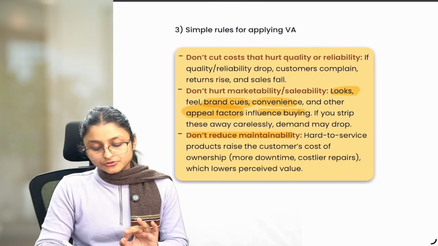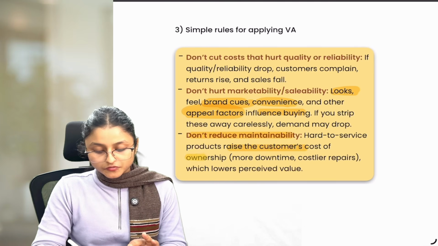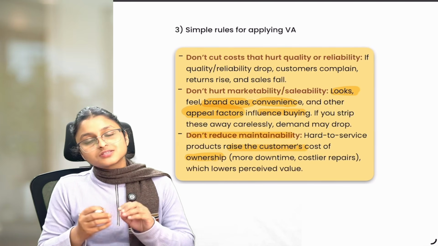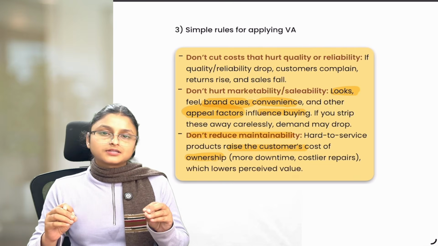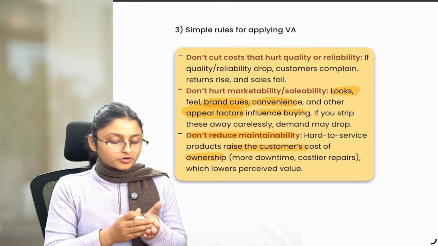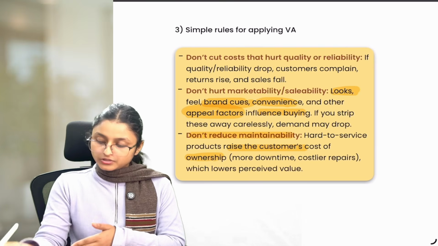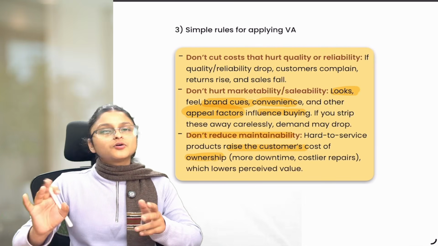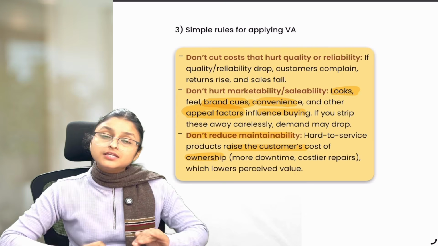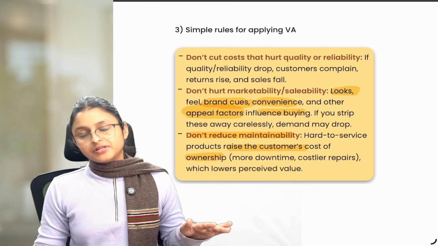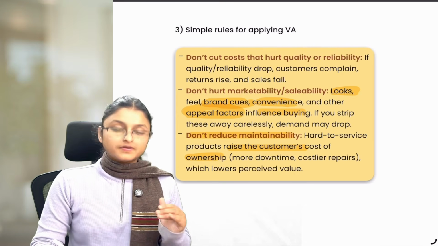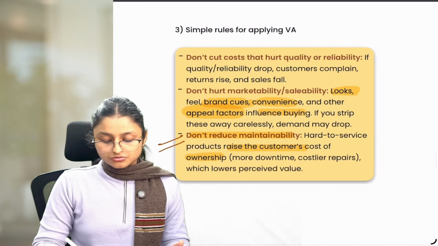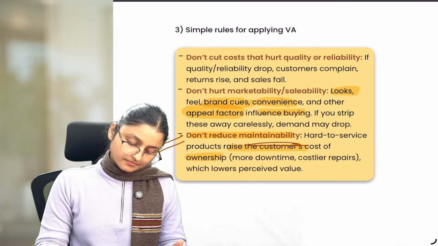That means hard to service products raise the customer's cost of ownership. So make sure that you are making a product which is easier to service. That means whenever that product is not working, if I take it to a technician, it can be corrected in around an hour or something. Very easy to correct, not complicated, and it also is very important for the customer that it doesn't increase their cost to just maintain that product.